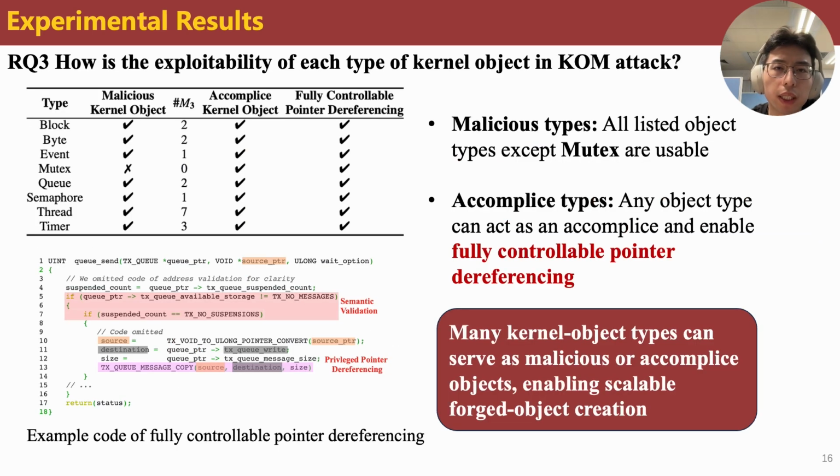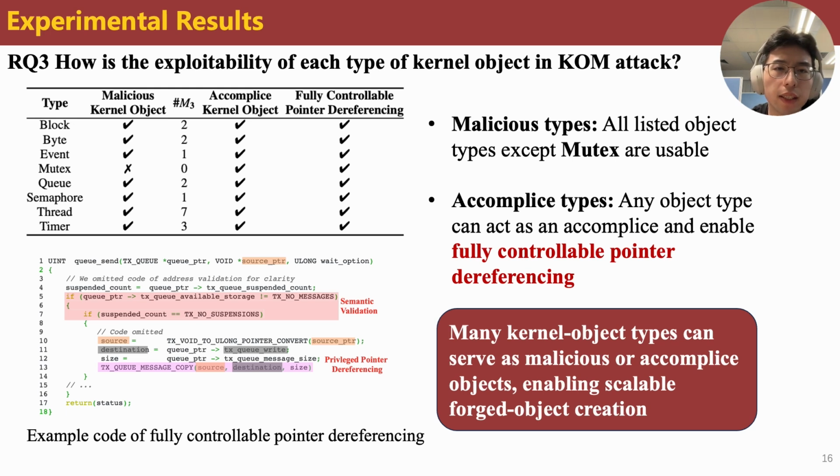Our third question is, which object types are exploitable for COM attacks? After our analysis, we found all types except mutex can serve as malicious objects, since their fields can be modified to designed values. For accomplice kernel objects, every type works, since they all enable fully controllable pointer dereferencing.